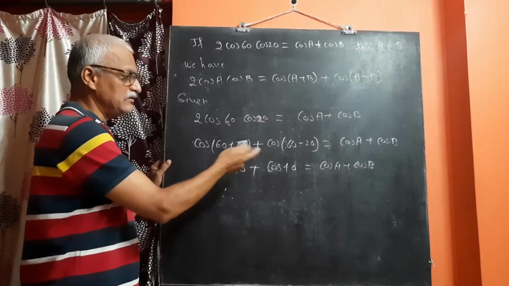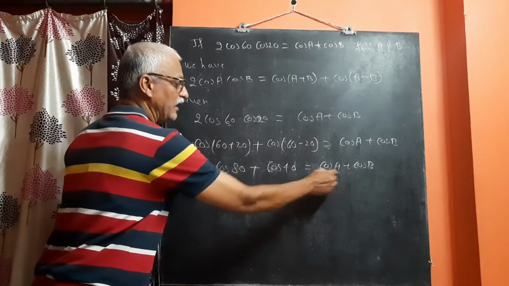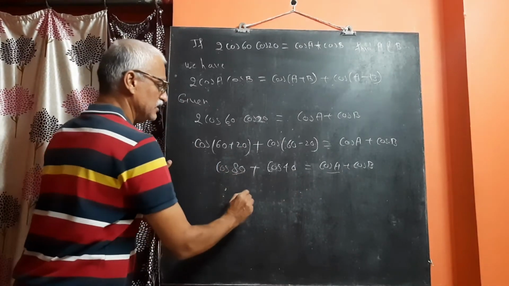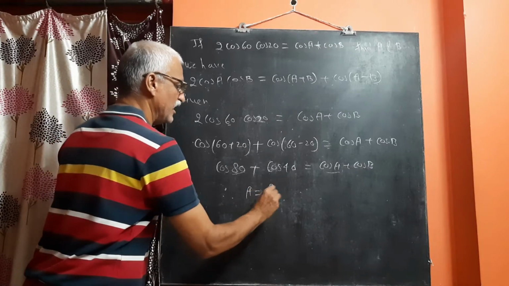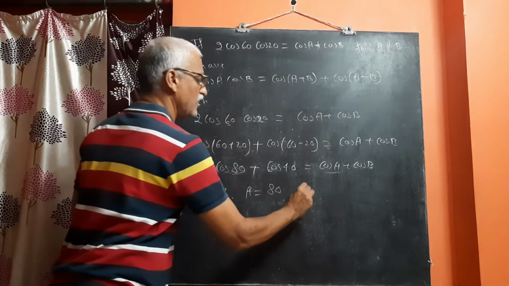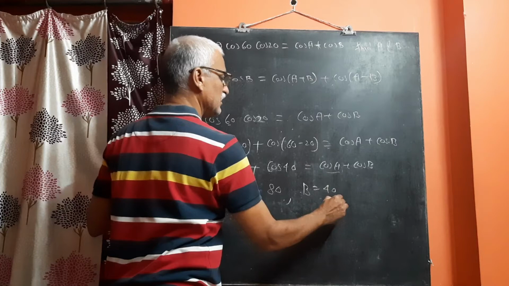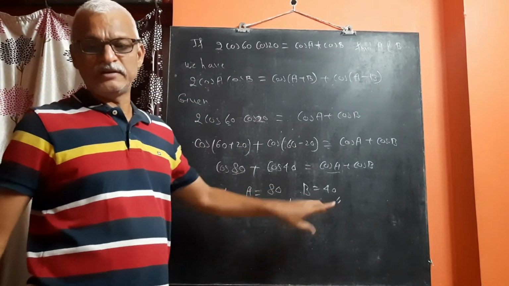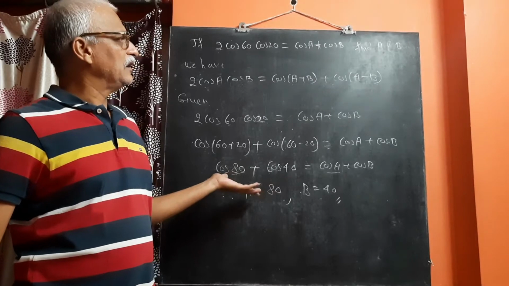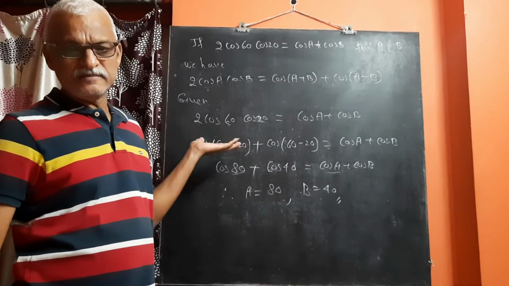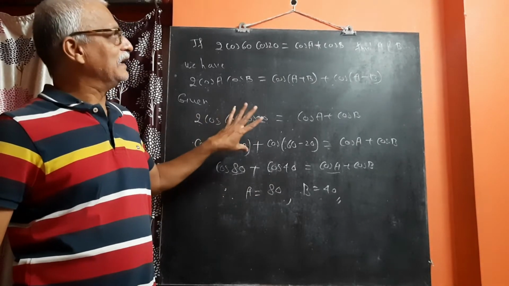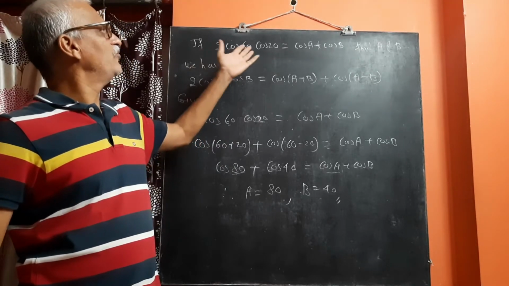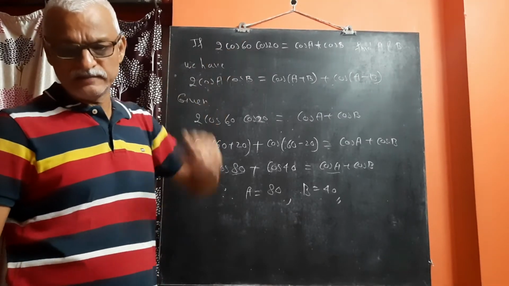If we compare the two terms, then A is 80 and B is 40. We have taken almost 3 or 4 combinations. In the exam they may ask the same type with different angles.